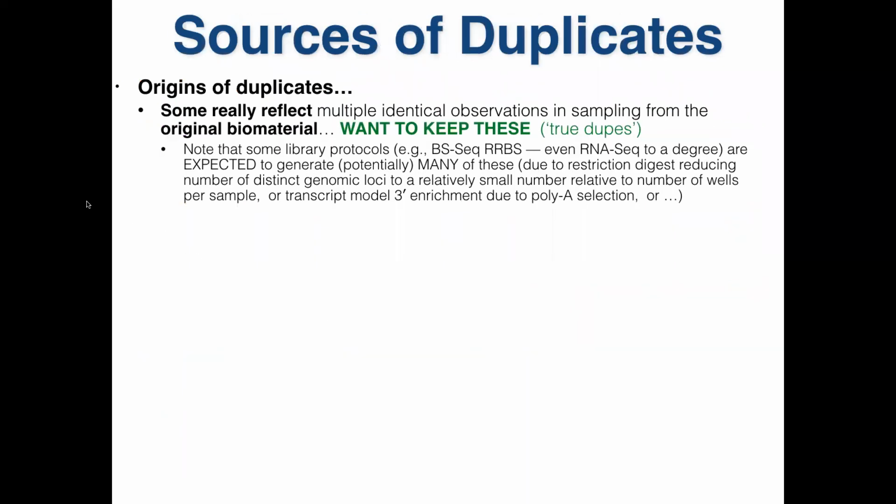So yes, they could be really in the original material, and some library preps are expected to generate huge numbers of dupes. For example, take RRBS, reduced representation bisulfite sequencing.